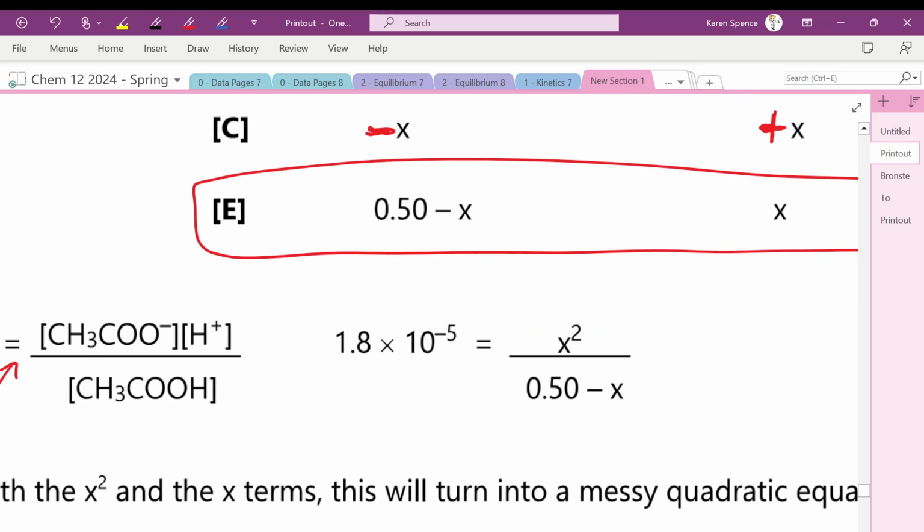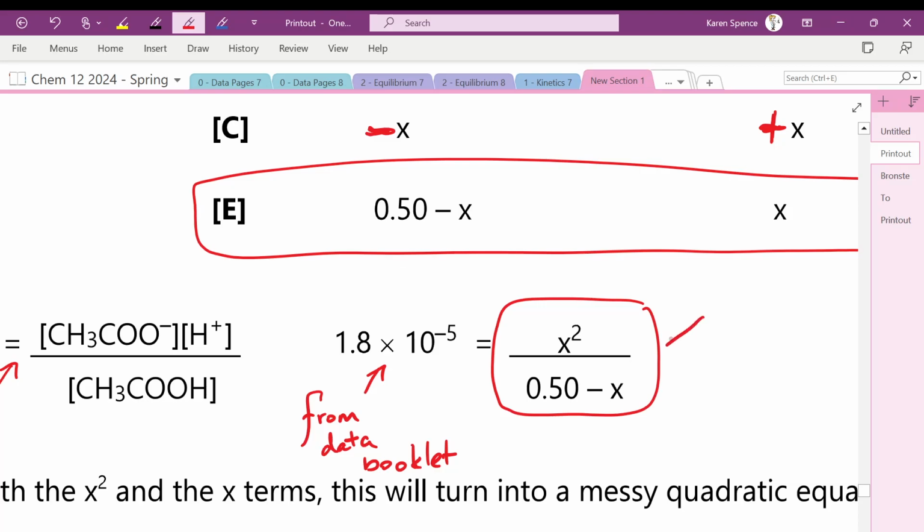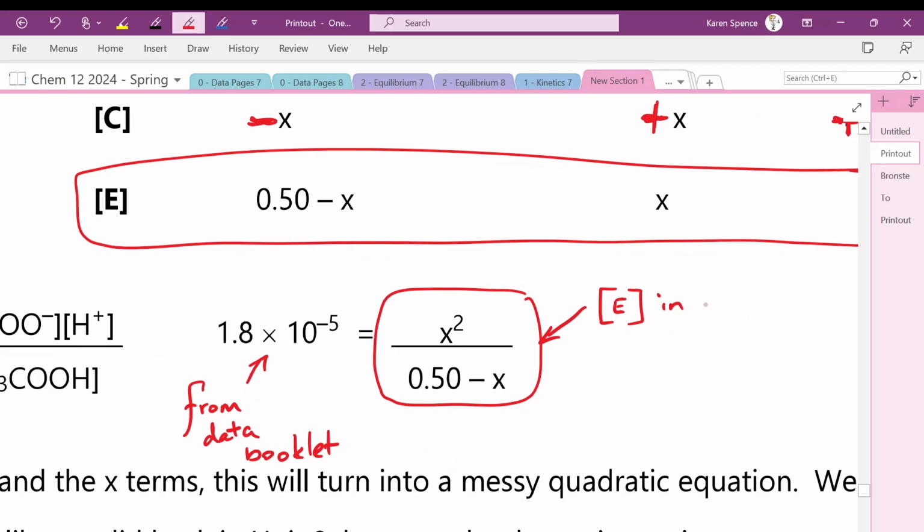The 1.8 times 10 to the minus 5. That's from the data booklet. That's our Ka value. And then these come from the E in the RICE table.